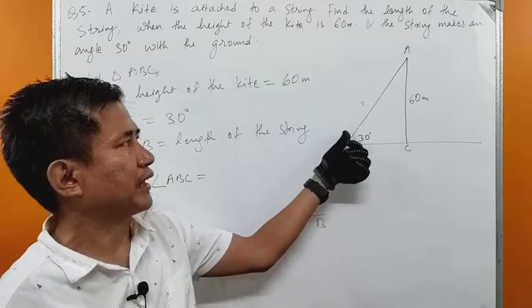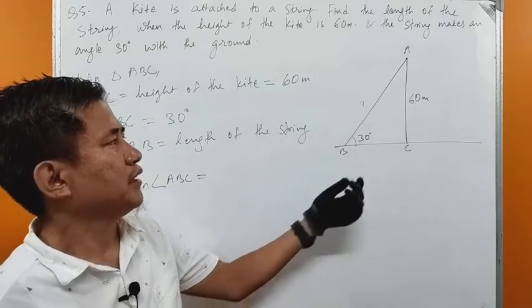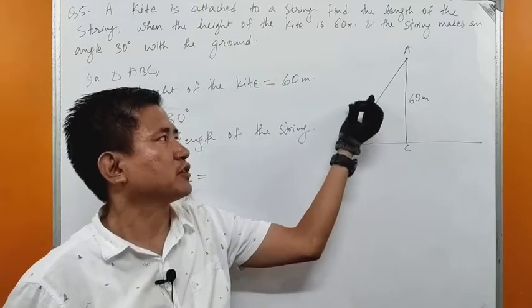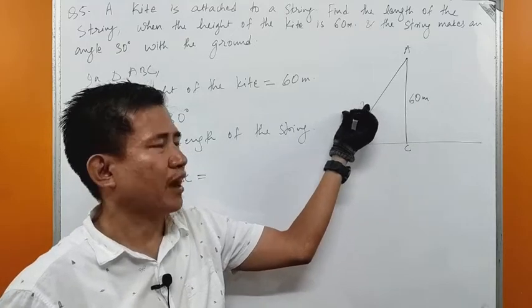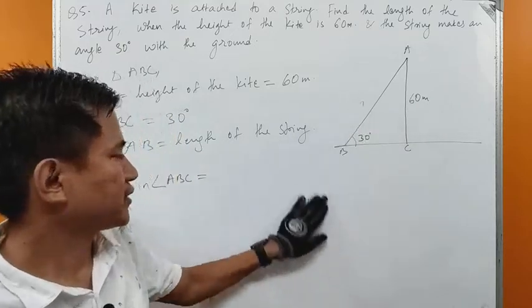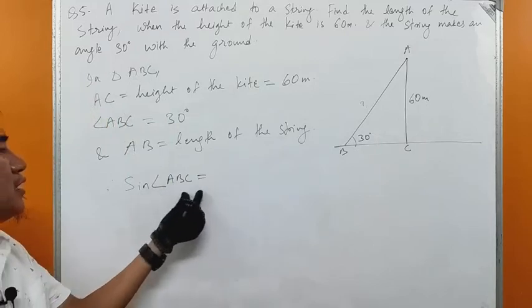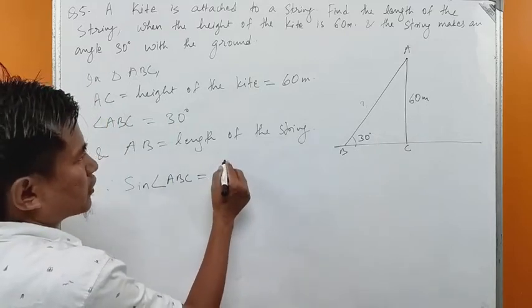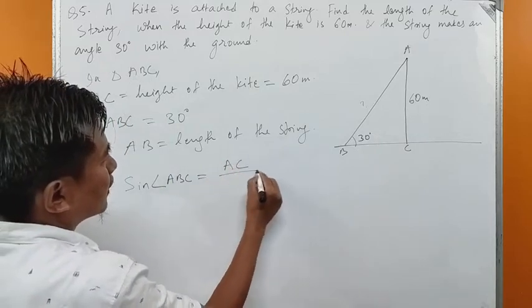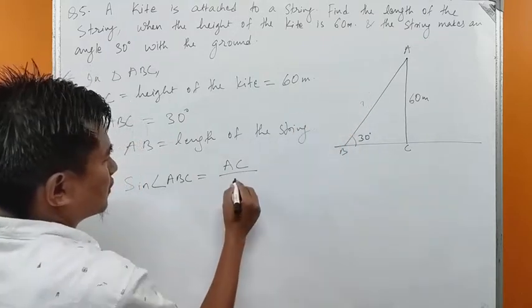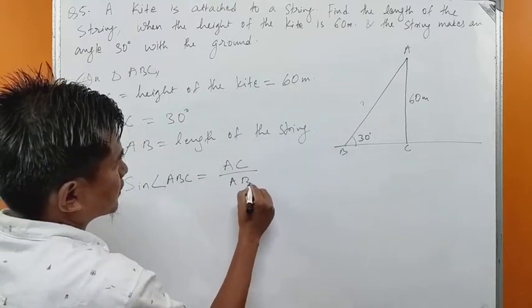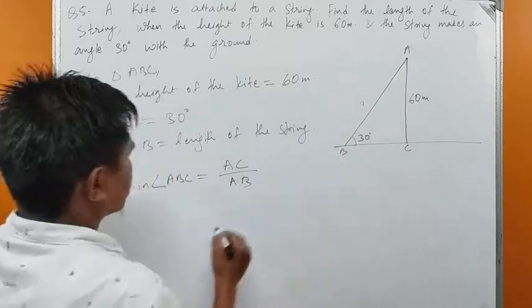Now we don't apply tan theta here, we apply sin theta, because perpendicular is given to us and hypotenuse is being asked, isn't it? So we apply sine theta, because sine theta means perpendicular upon hypotenuse. What is perpendicular? Perpendicular is AC and hypotenuse is AB, isn't it? AB is hypotenuse.